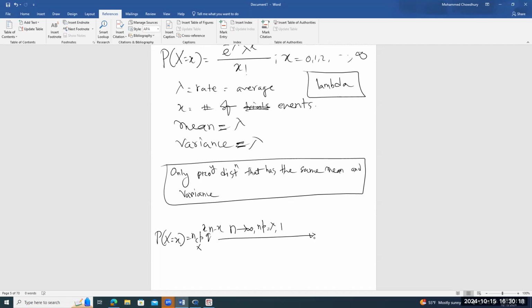So P equal to lambda over N and P goes to 0. Under condition number 1, condition number 2, and condition number 3, we get the Poisson distribution.